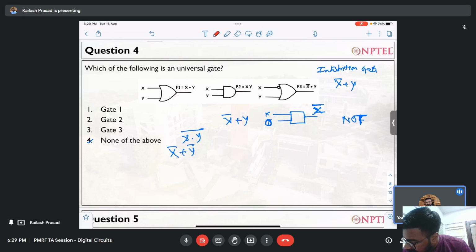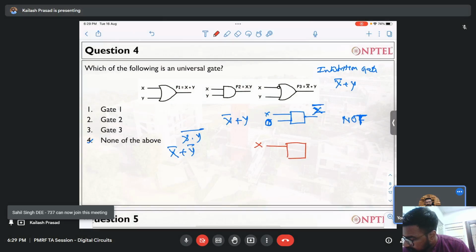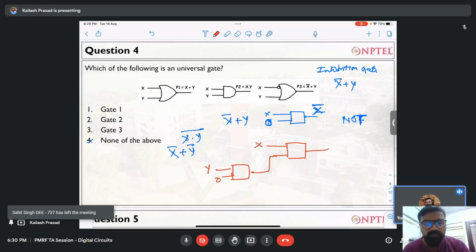Okay, so I design a circuit like this, and I put x here. The second input, what I am giving here, will be like this. So let's see, if this is 0, this is y, right? Can anybody tell me what will be the output of this gate?